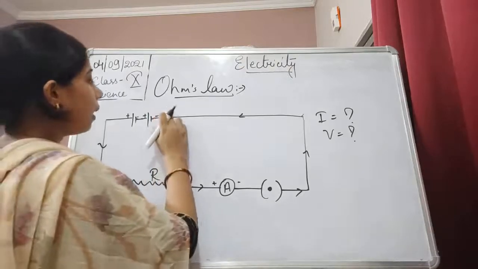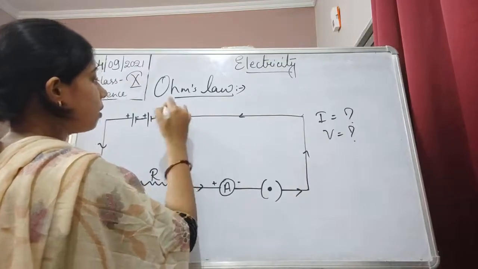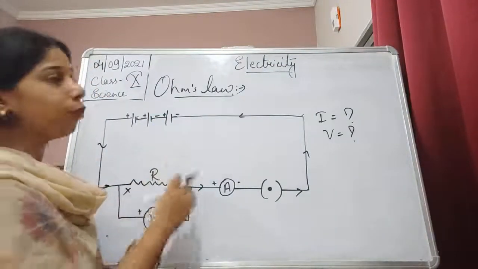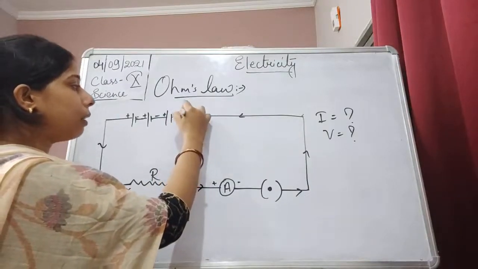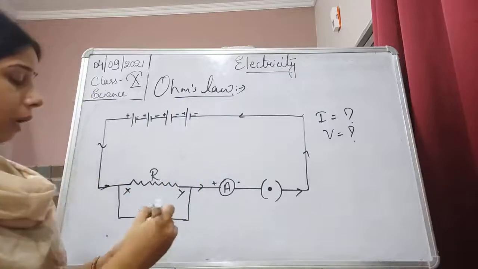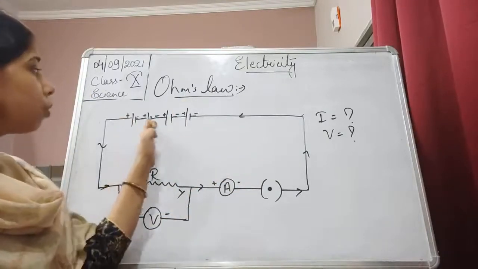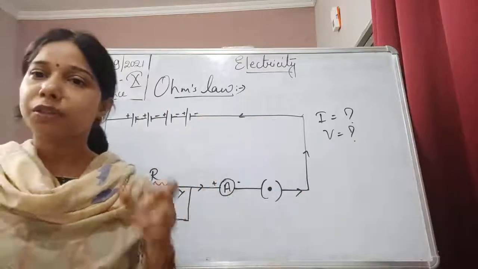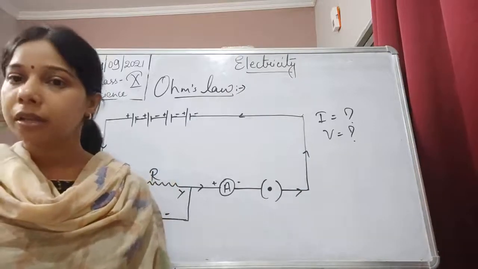Then again we will add a cell and see what change you find in the current and voltmeter, and similarly we will do this with another cell. So we have done this for the movement of the current with 1, 2, 3 and 4 cells, and we note down the different changes that occur when we increase the number of cells.